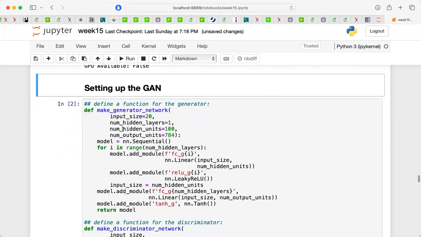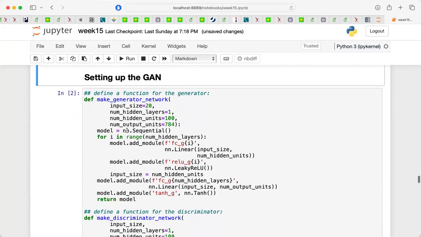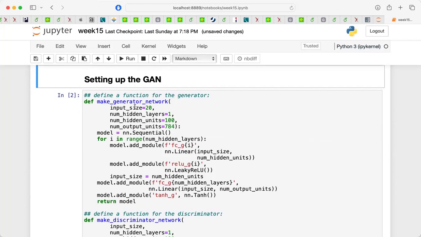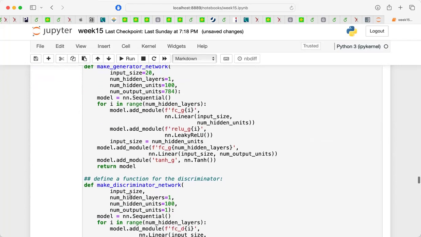So when we are setting up the generative adversarial network here, there are actually two functions, one for each network, and that instantiates a model from the PyTorch neural network class, which is this one, and it's a sequential one. This is the first part of the code, a generator network and a discriminator network.